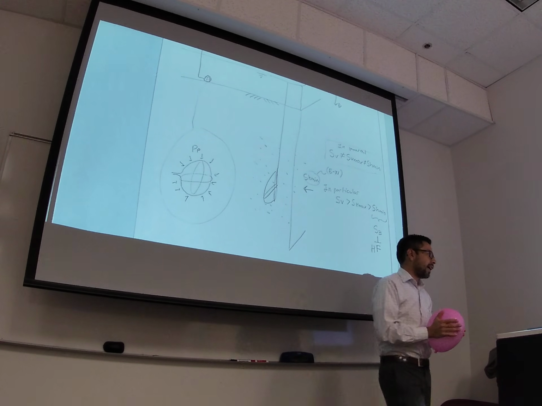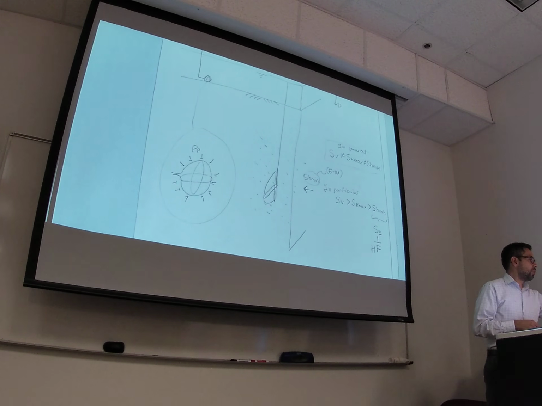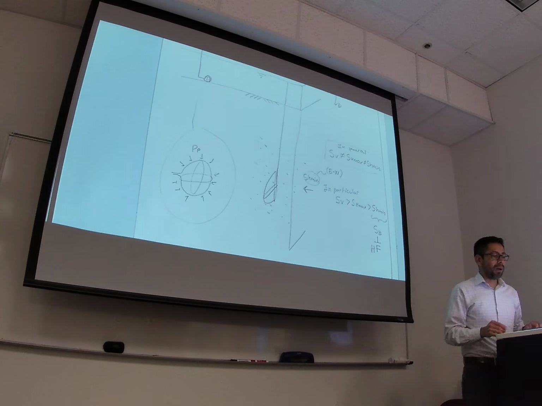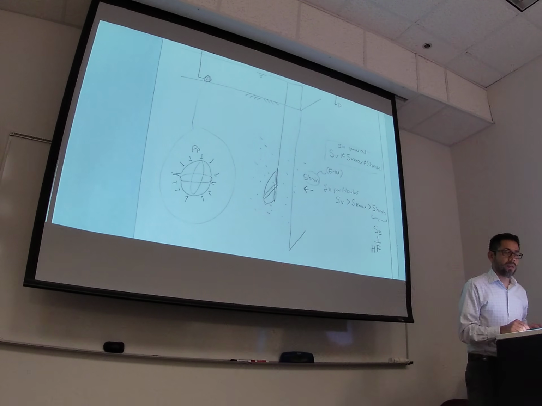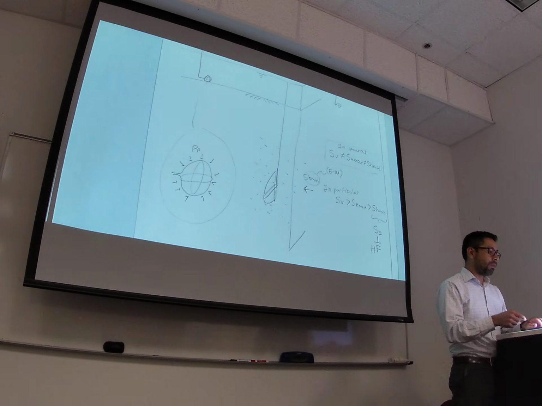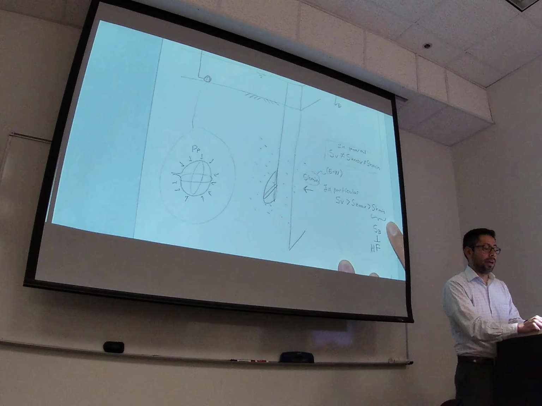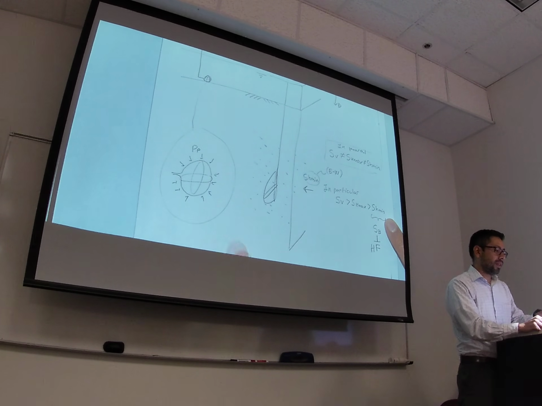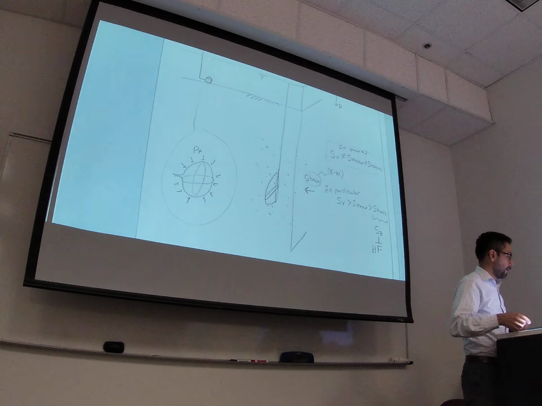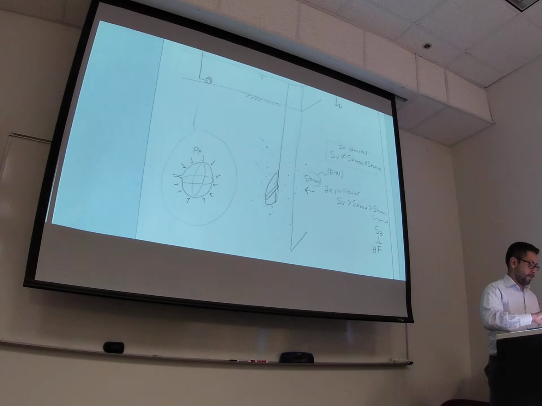A hydraulic fracture always will tend to open as a plane perpendicular to the minimum principal stress. And in this case, the minimum principal stress is a horizontal stress. And because of that, the hydraulic fracture is vertical. Okay.